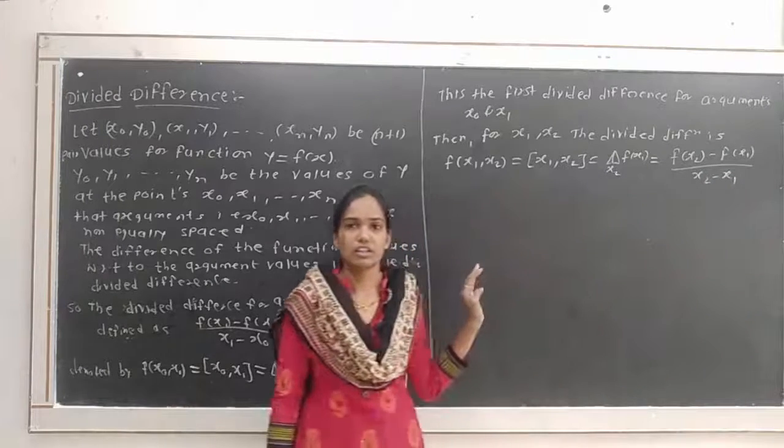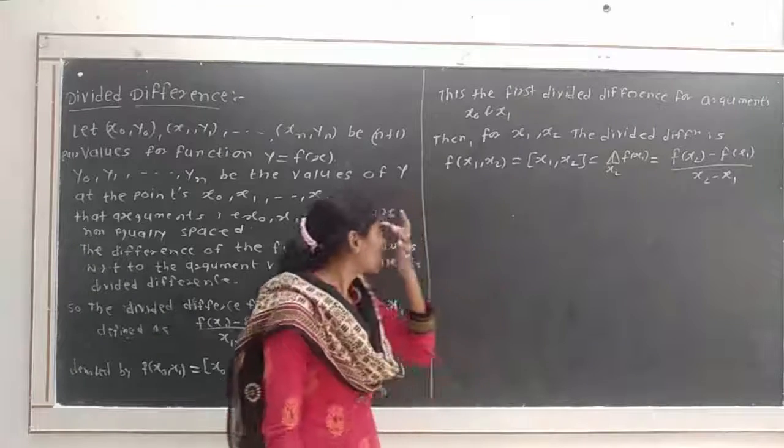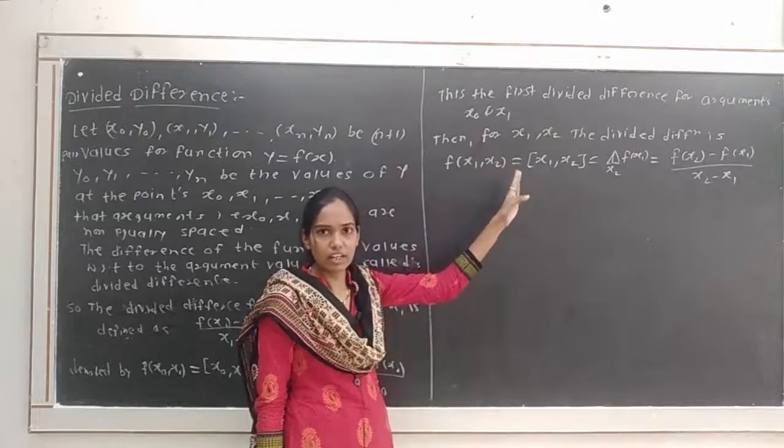It is the divided difference for the arguments x1 and x2.